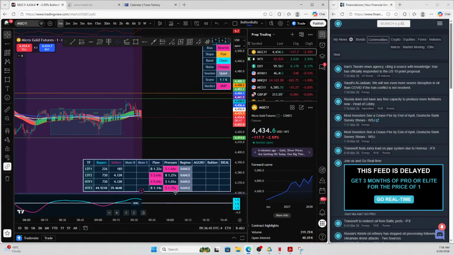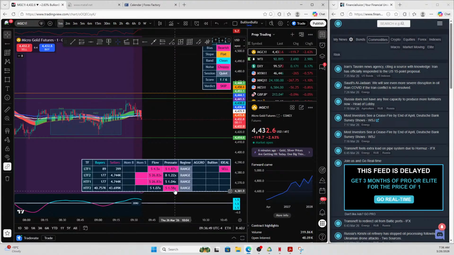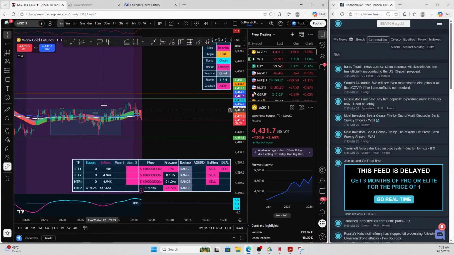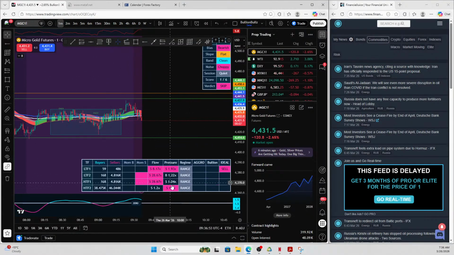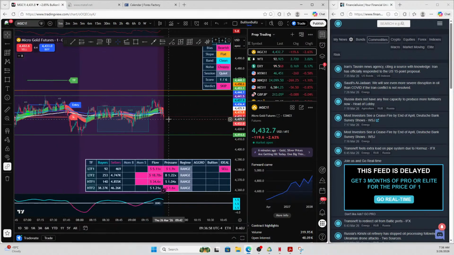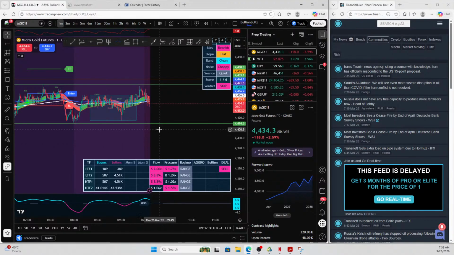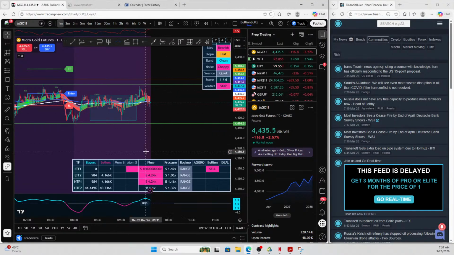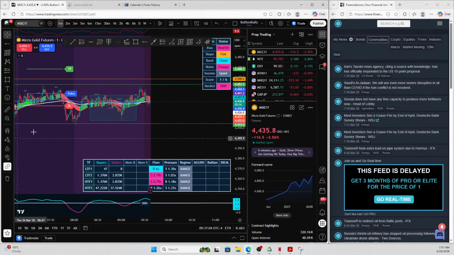The pressure is actually under 2. So we want this to be above 2, the whole thing. And next, we want to see price creating a new low, breaking that low, giving us a signal, and then price just pushing down. Okay.